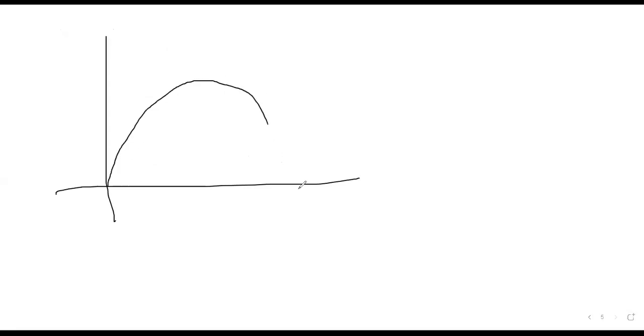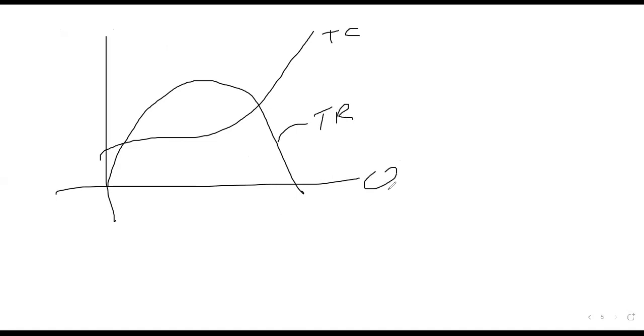So when a firm is producing, total revenue usually looks like that. Total cost looks like that. Total cost and total revenue look like this. So whenever our total revenue is above the total cost, we're making a profit. Here, total cost is above our total revenue.